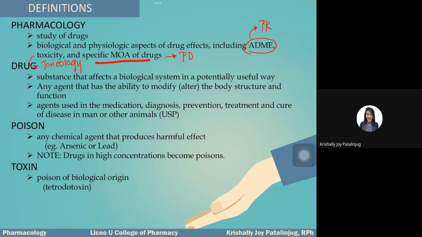Okay, so a good example is tetrodotoxin. It's a potent poison found in the gonads of pufferfish. There are also plant toxins. Example, mushroom, it has a toxin. We have what we call orellanine that is produced by a mushroom, a toxin produced by the plant mushroom. Okay, so I will proceed.